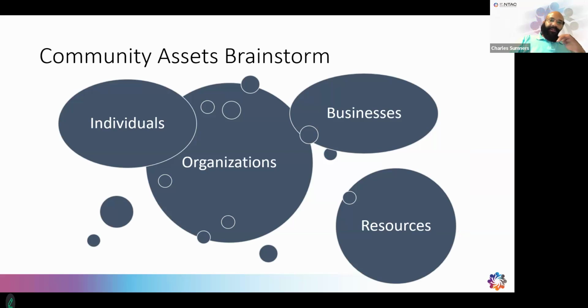We have our individuals, our organizations, our resources, and I'd like us to just, in the chat box, do a quick brainstorm about what community assets exist, or don't exist, in your particular community, right? So go ahead and drop a resource or an asset, and then label it as either individual, organization, business, or resources. It's just a good way to start thinking about it and looking at what other people might have.